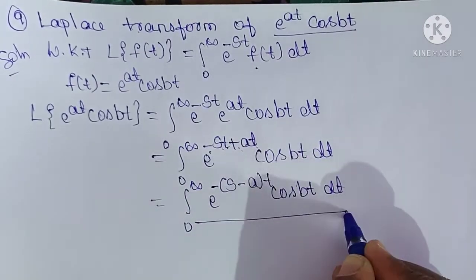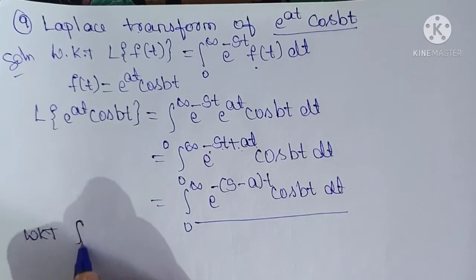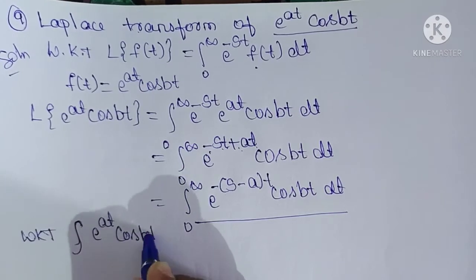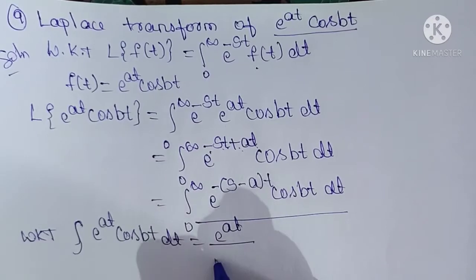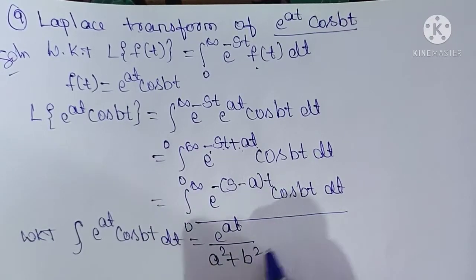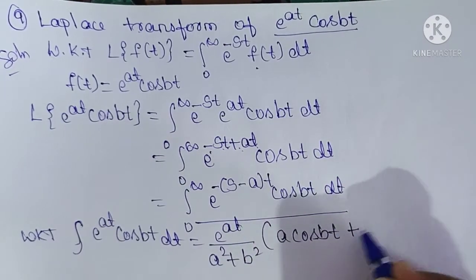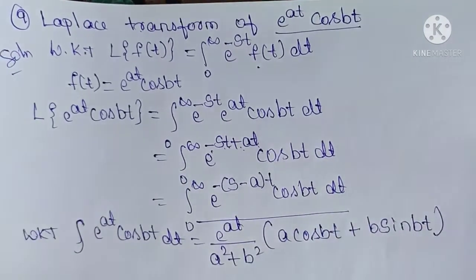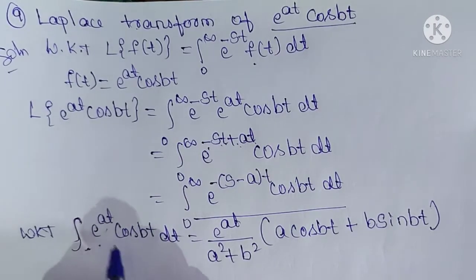This integral term is of the form, we know that integral e power at cos bt dt is equal to e power at divided by a square plus b square into (a cos bt plus b sin bt). This is the integral formula for e power at cos bt dt.